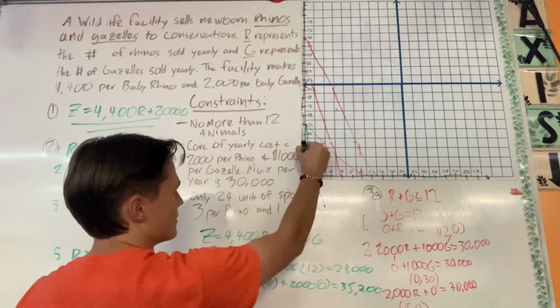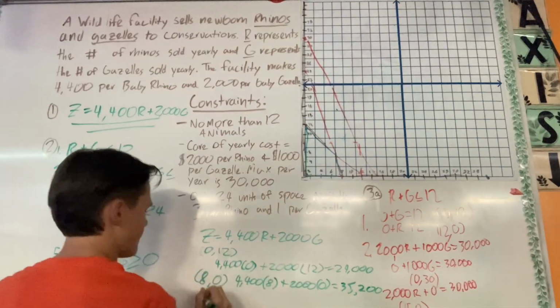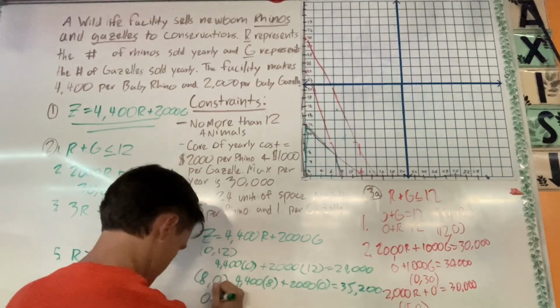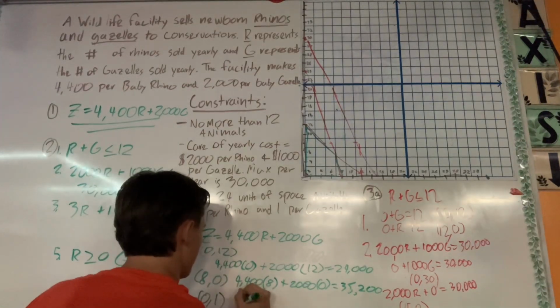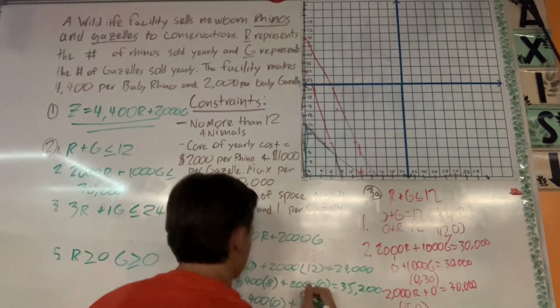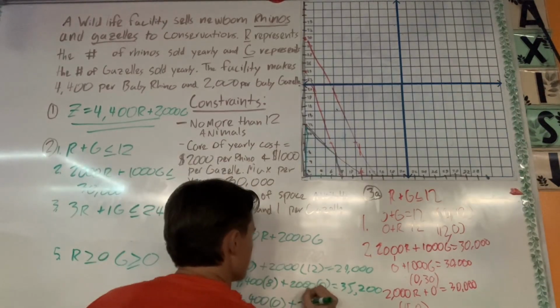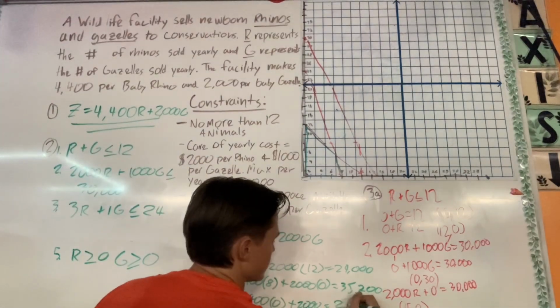All right, and then we have these 2 points right here, which are going to be our minimum values. So I'm just going to outline this here. All right, we have 0, 1. All we're going to do is 4,400 times 0 plus 2,000. You just multiply it by the 1. And you're going to get 2,000.